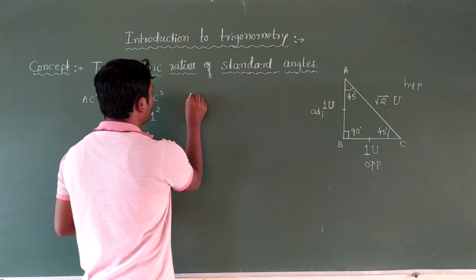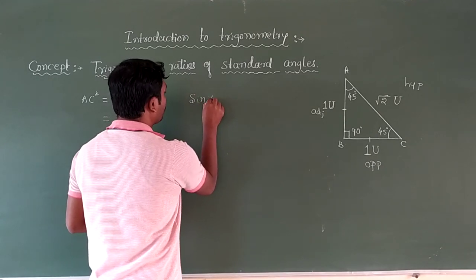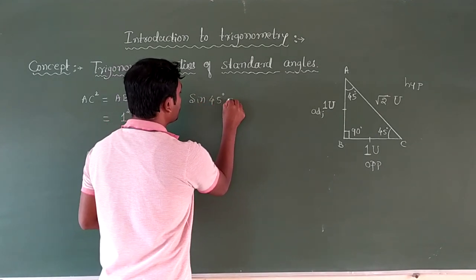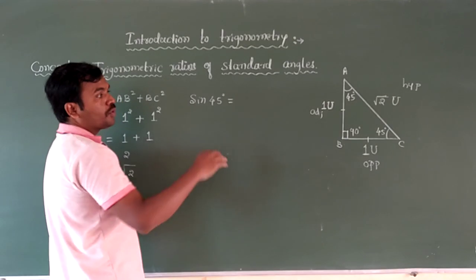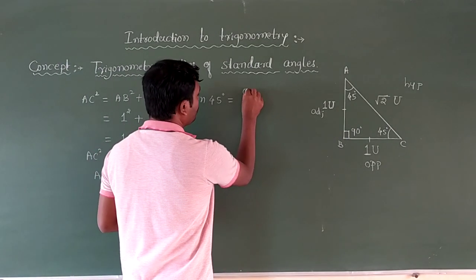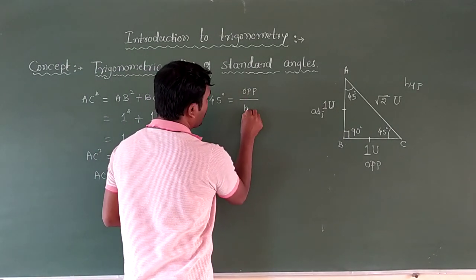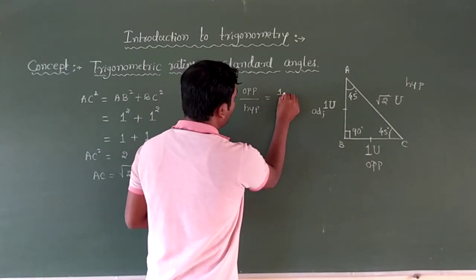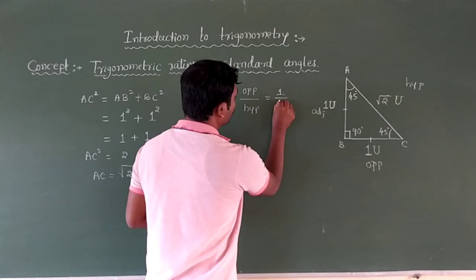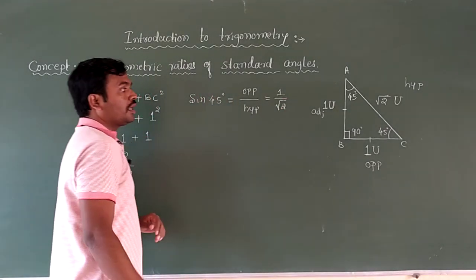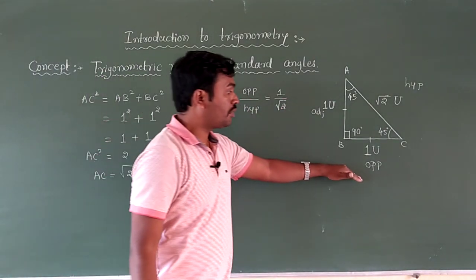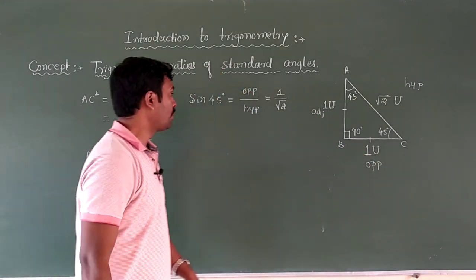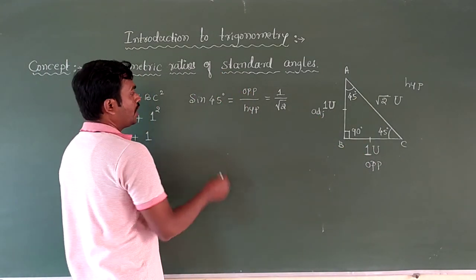Here I will find the first one, that is sine 45 degree. Sine 45 degree is equal to opposite by hypotenuse. Opposite is 1 unit, so 1 divided by root 2. So, sine 45 is always 1 by root 2.